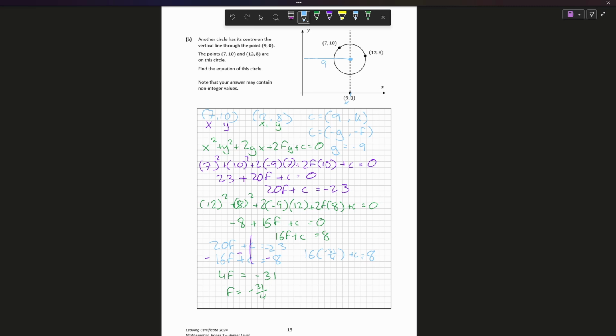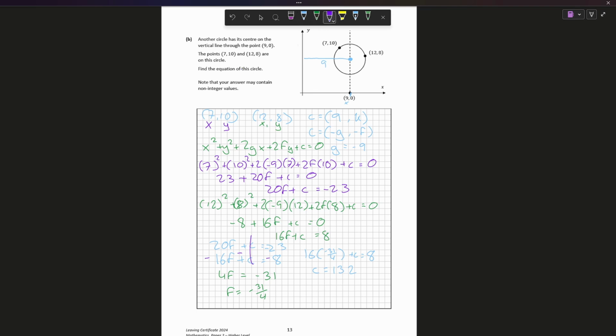And our answer is, I'm getting 132. Could that be correct? Yes, it can be. Okay, 132. So c equals 132.